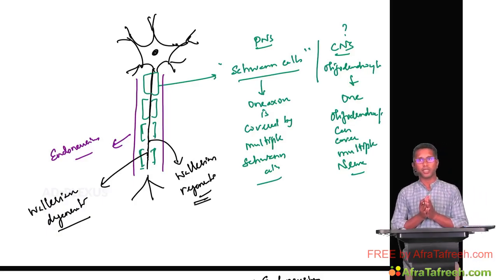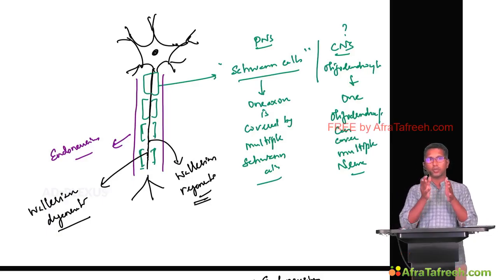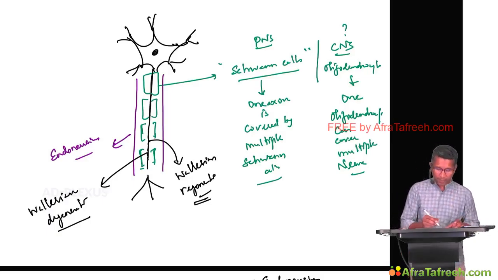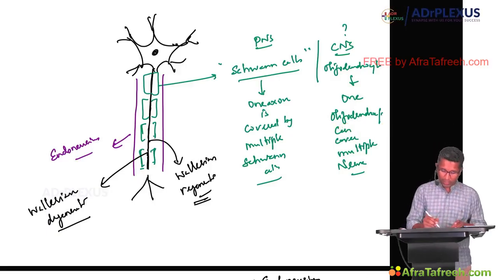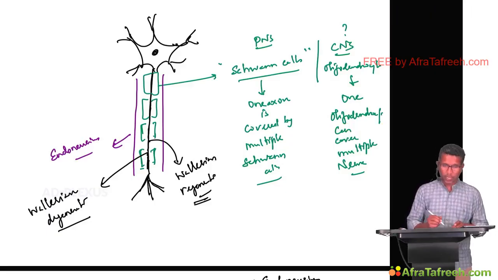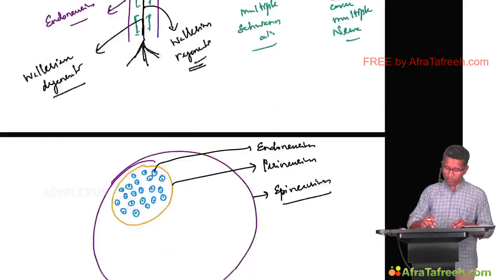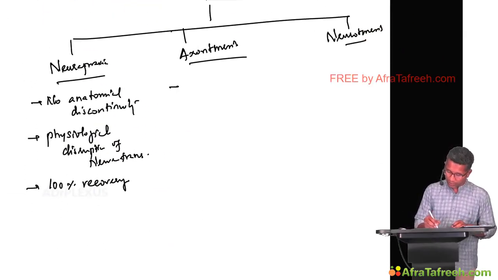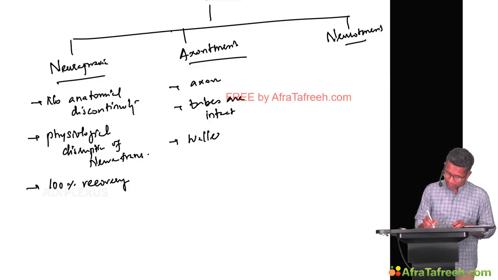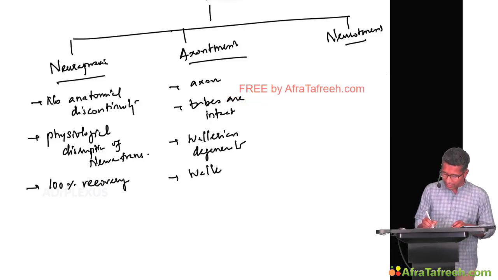Now what is happening here? Since the tube is intact, since the endoneurium is intact, since the perineurium is intact, the nerve formation is very good. It happens properly and it reaches the end organs again. So in axonotmesis, the axon is cut and the tubes are intact. Wallerian degeneration happens here, and after degeneration, Wallerian regeneration also happens.